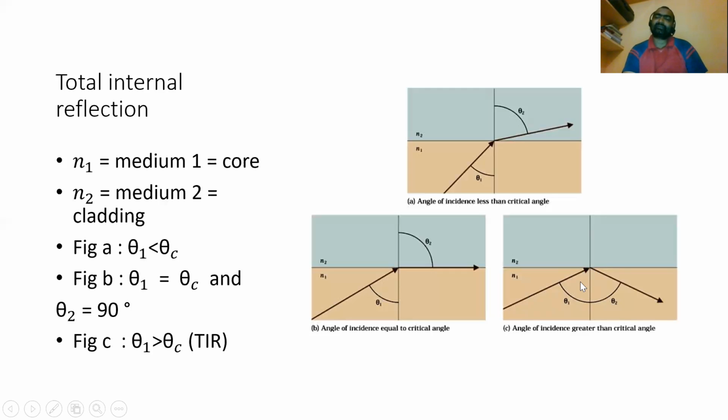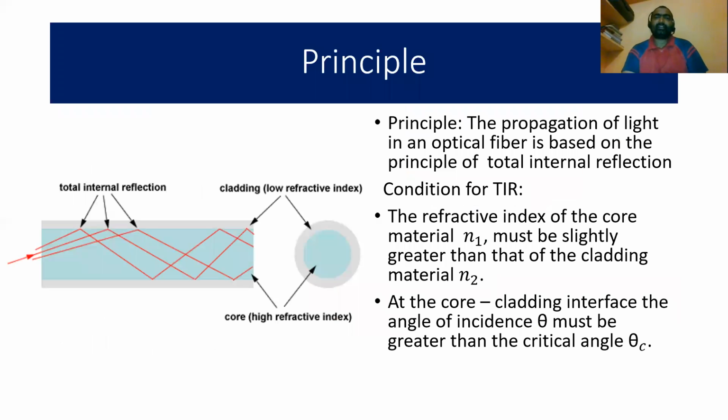The second condition is the light should travel in the denser medium and hit the rarer medium. Then it totally reflects back to the same medium. This is called the total internal reflection principle. The propagation of light in an optical fiber is based on the principle of total internal reflection.